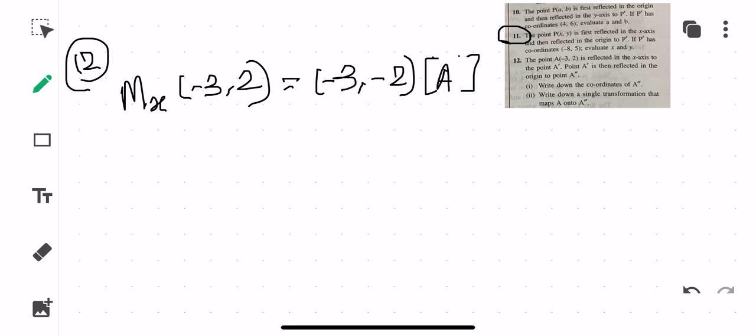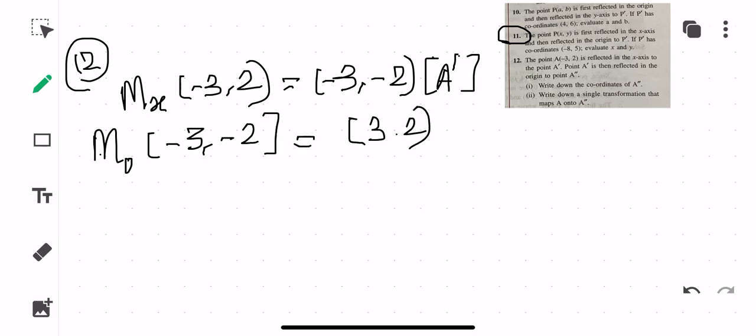Now A dash has been found out. Now you want to find what happens when point A dash is then reflected in the origin. So you will write the reflection along the origin of this particular point (-3, -2) will be equal to (3, 2).